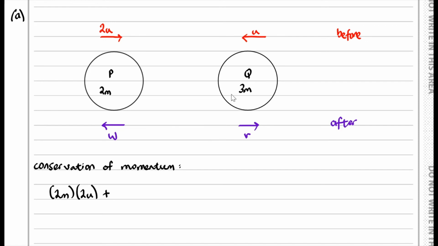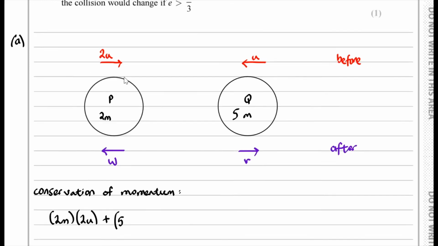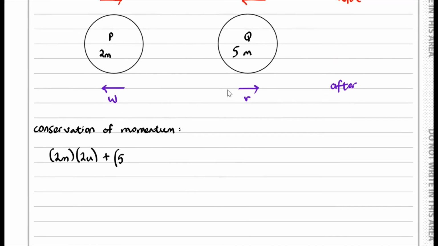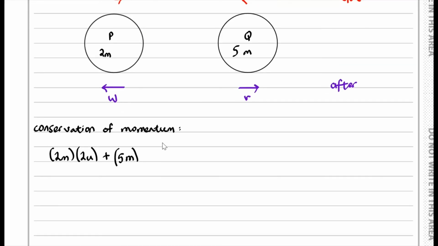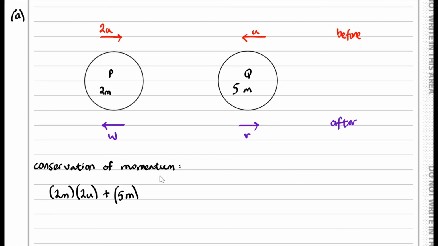And then we've also got Q, sorry, this is of mass 5m. We've got 5m multiplied by minus u, because it's going in the opposite direction.